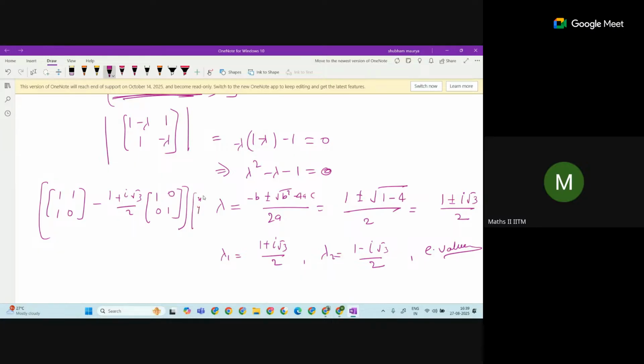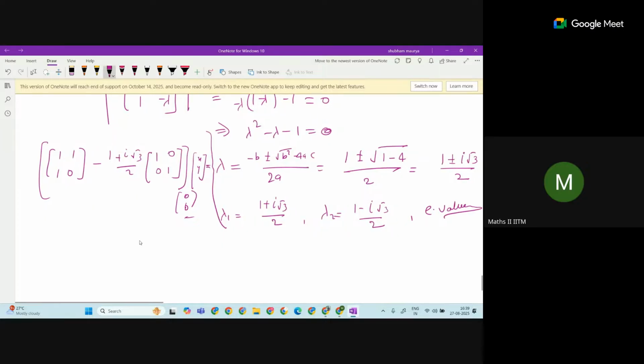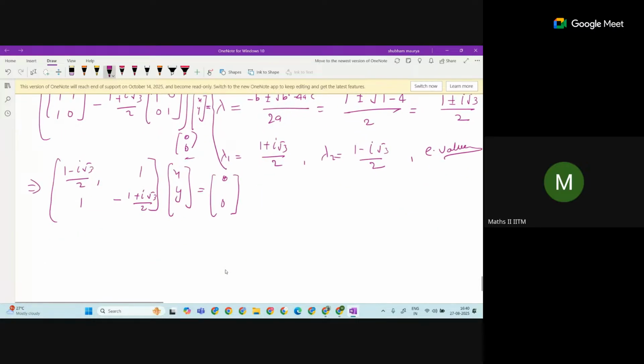Solve the system of linear equations equal to 0, 0. This is the matrix you'll get.